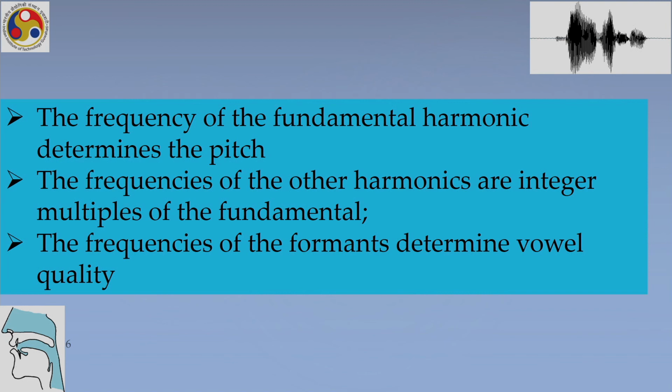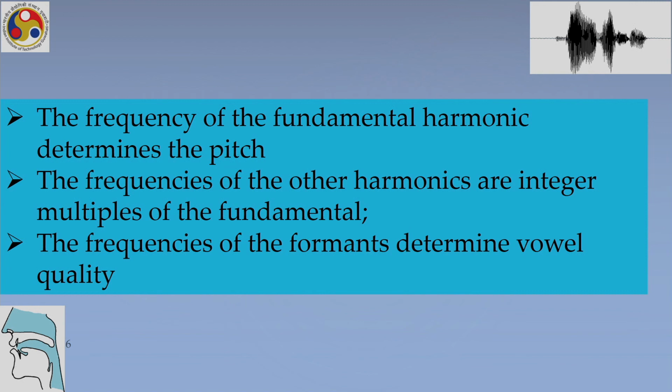The frequency of the fundamental harmonic determines the pitch that we hear. The frequencies of the other harmonics are integer multiples of the fundamental. These things are important to remember, and the frequencies of the formants determine vowel quality.